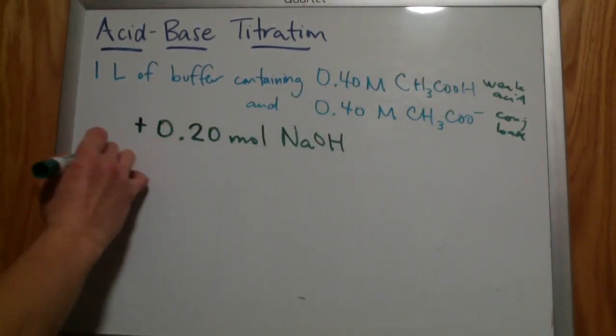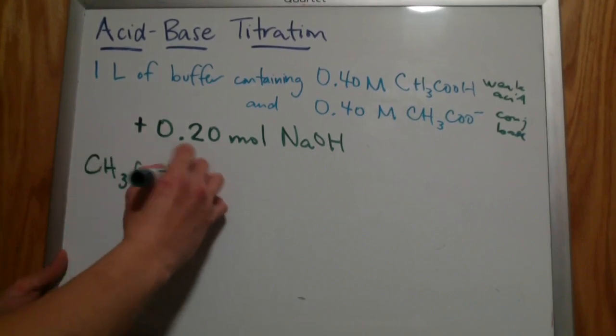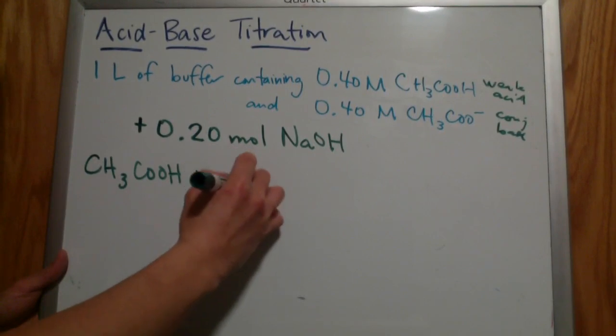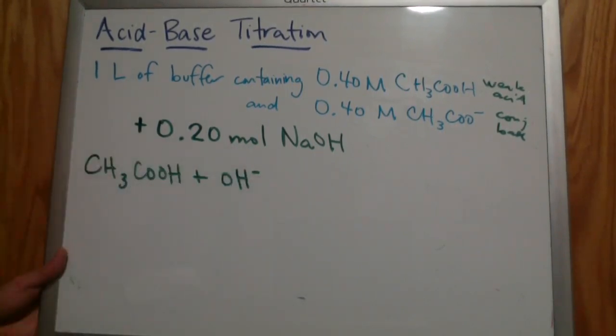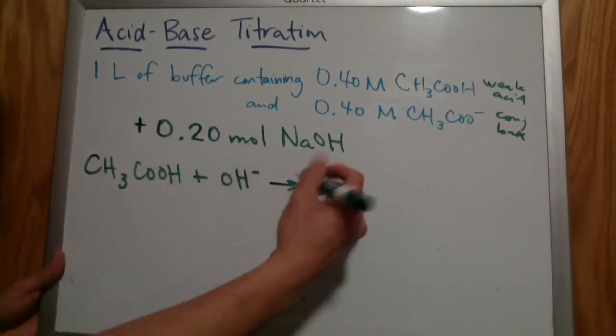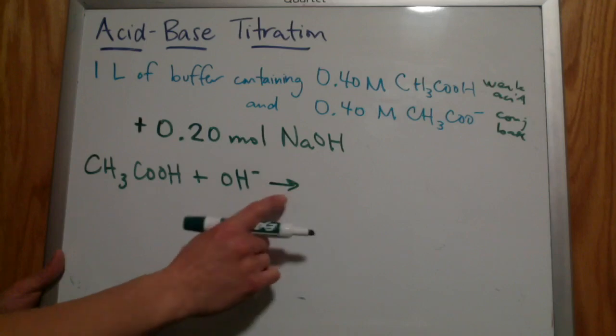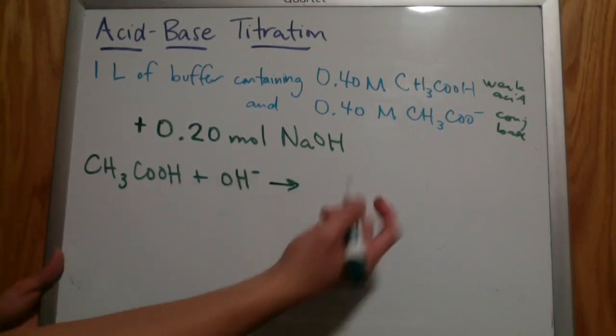So what we're going to do is write out the equation using stoichiometry, using CH3COOH plus the hydroxide, the sodium hydroxide here, and then yields. And remember, it's only going to be a single arrow because it's neutralization, so it's not a double arrow where it's equilibrium.